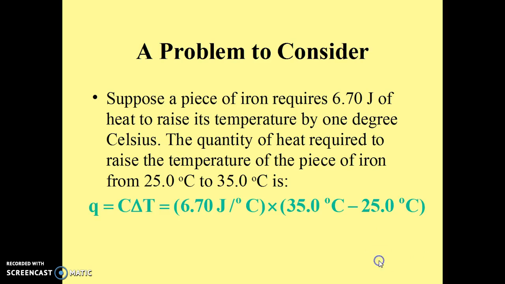Let's work that out. Q, the heat, is equal to the heat capacity times the change in temperature, or 6.70 joules per degree Celsius, times the change in temperature, 35 minus 25 degrees, or 67.0 joules.